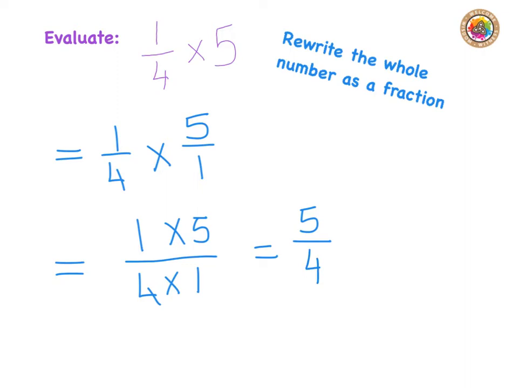So our answer there is 5 over 4, and again we can leave it like that, or we could say 4 goes into 5 once with the remainder 1 over 4, rewriting it as a mixed number. So here we'd have a top heavy fraction, 5 over 4, and if we're asked for a mixed number, we can rewrite it as 1 1/4. But it's totally fine to leave your answer as 5 over 4.